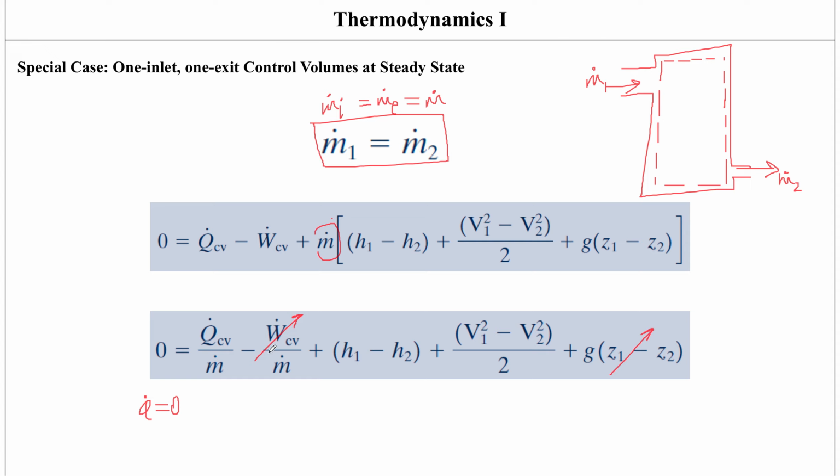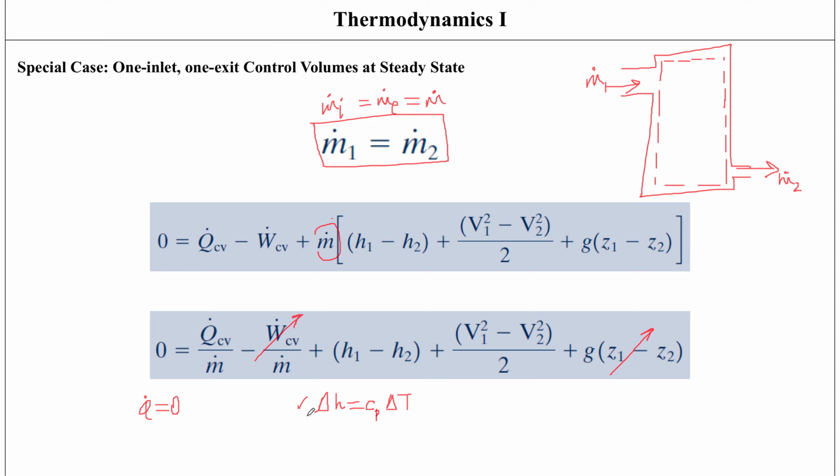What else? The enthalpy changes are probably the most important changes that we have to look at between the exit and the inlet states. So we use tables for that. For ideal gases, we approximate it by something that we already looked at: delta H is equal to Cp times delta T. So for ideal gases, we use this relation.